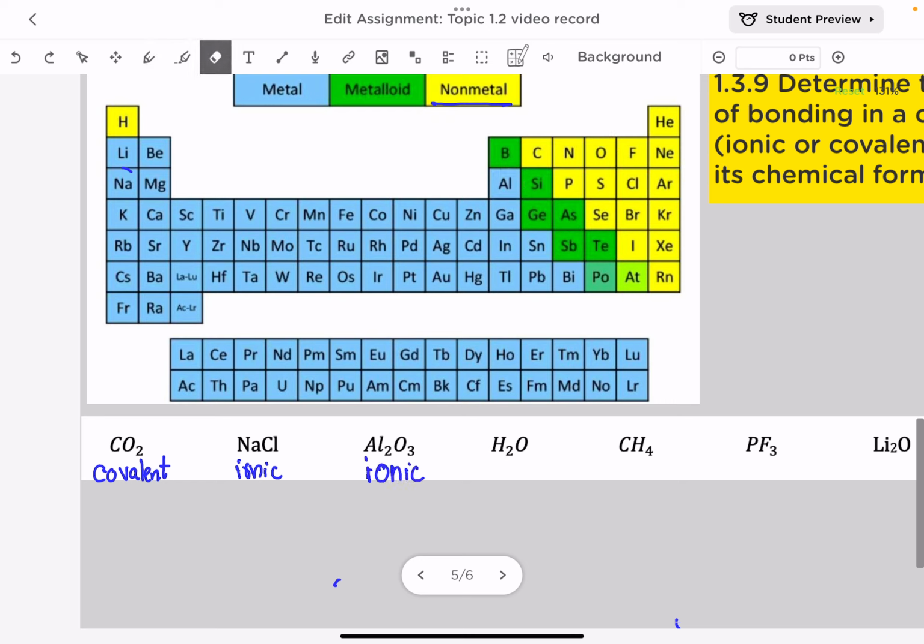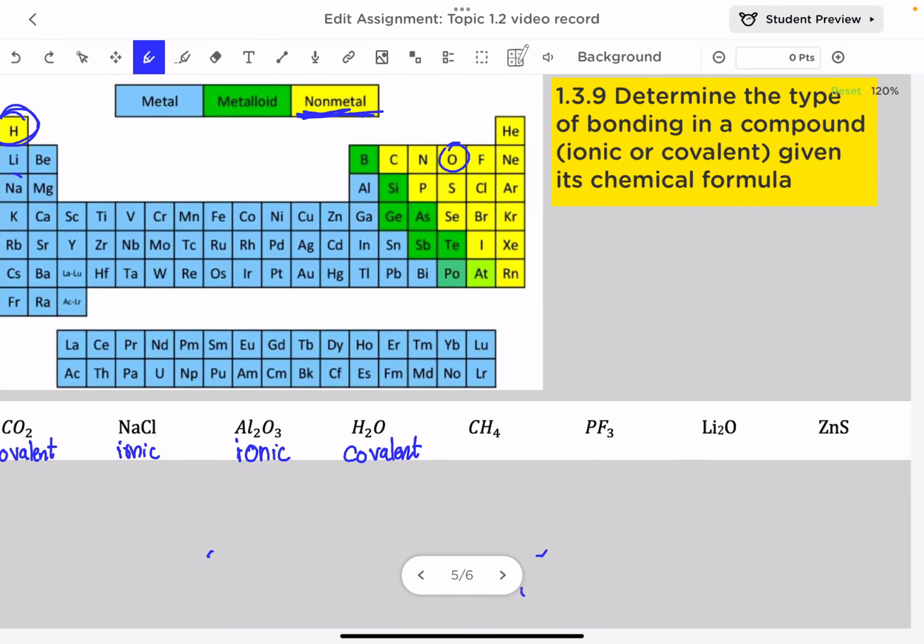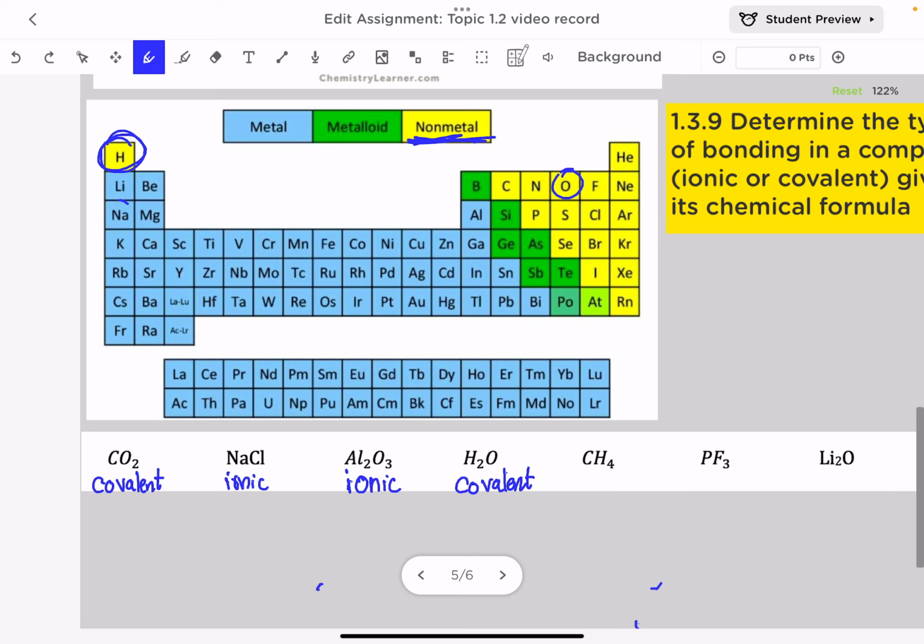Now let's look at the next example. Hydrogen, it's located with the metals, but hydrogen is a non-metal. And O again is a non-metal. So here's a covalent bond. Now C and H4. C and H, both of them are non-metals, so this compound is also covalent.